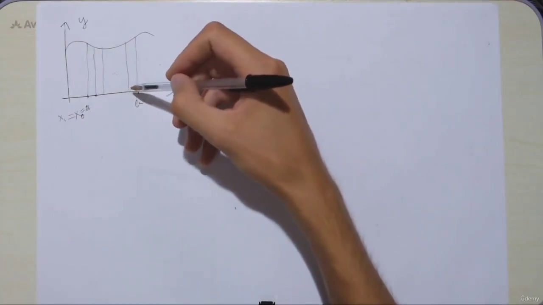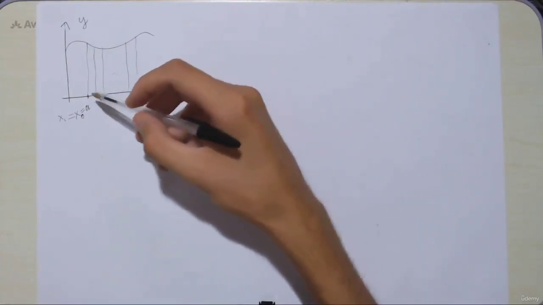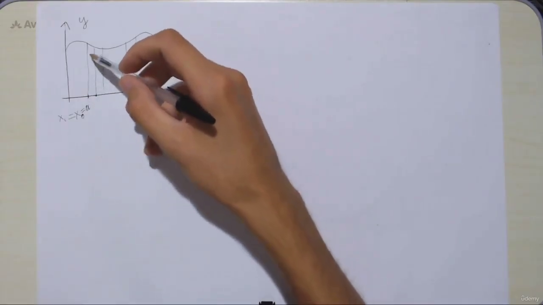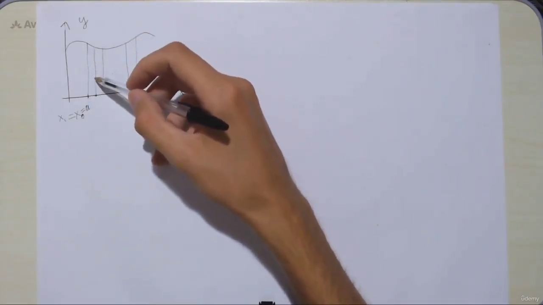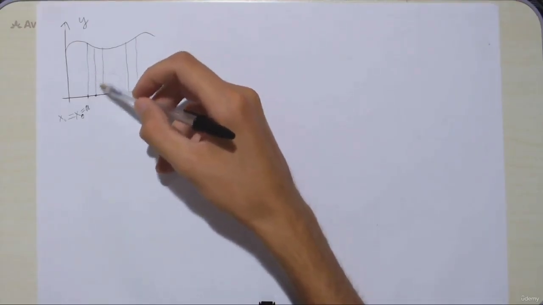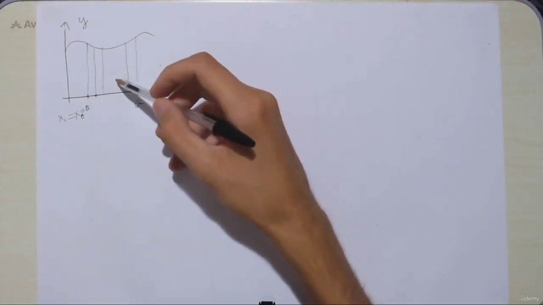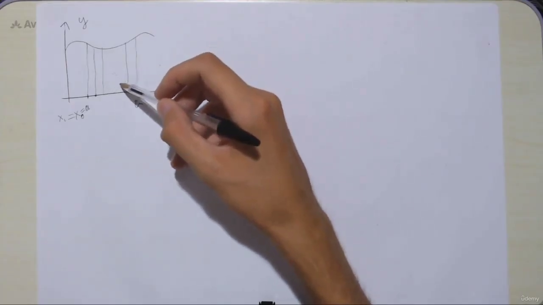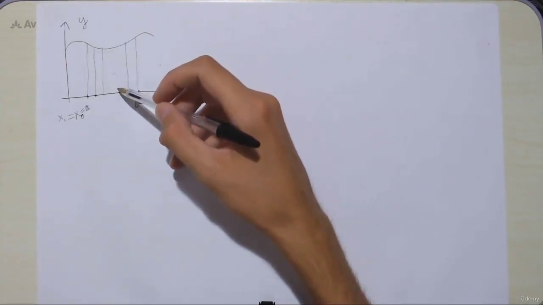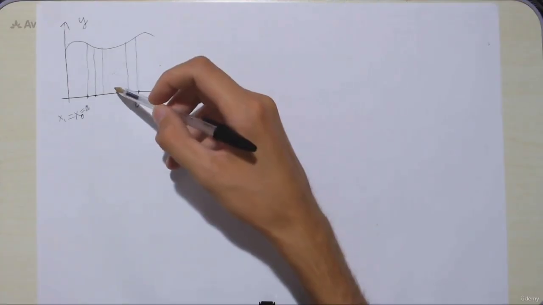And now the goal of this video is to first of all show you how to mathematically represent the calculation of these small areas here, and then how you would mathematically represent the addition of these areas, and then how you're going to arrive at integrals when you do that.